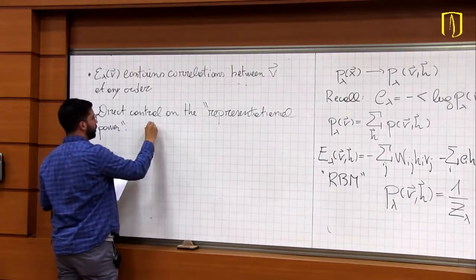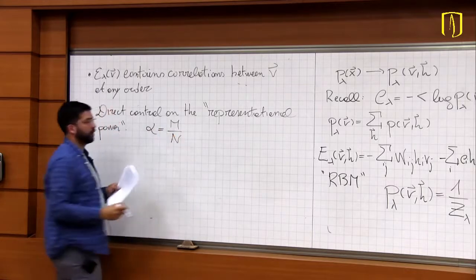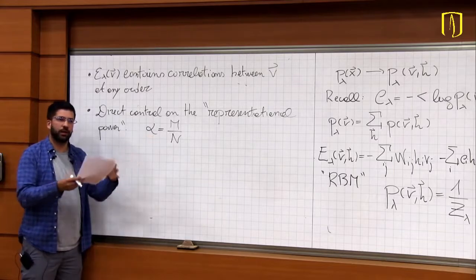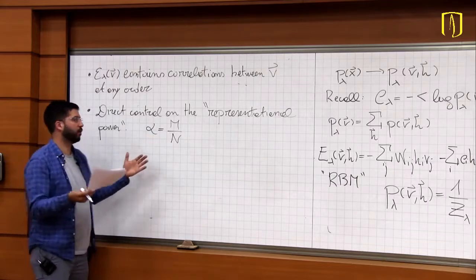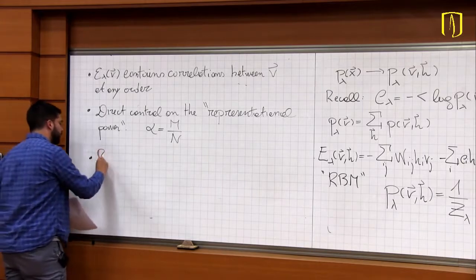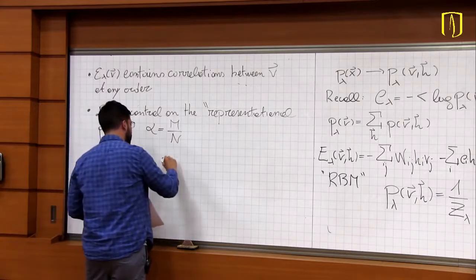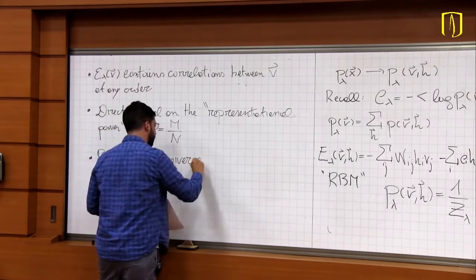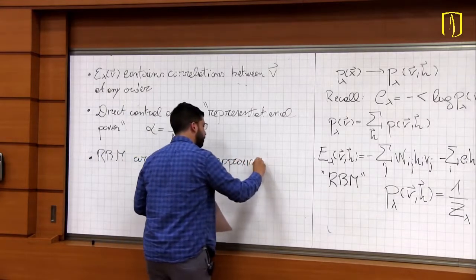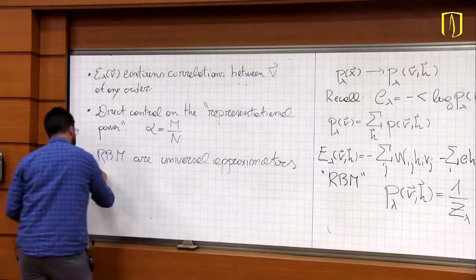So we can define a number, which is the ratio of hidden and visible units, and as we increase this, essentially we can capture a larger and larger class of distributions, which brings to the last point, that RBMs are universal approximators of discrete distributions.